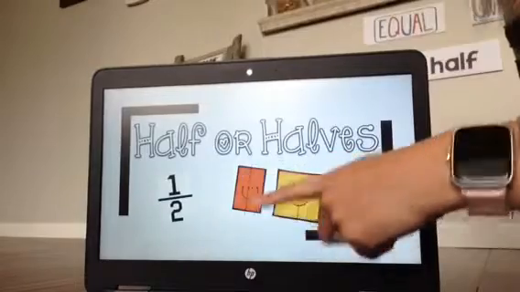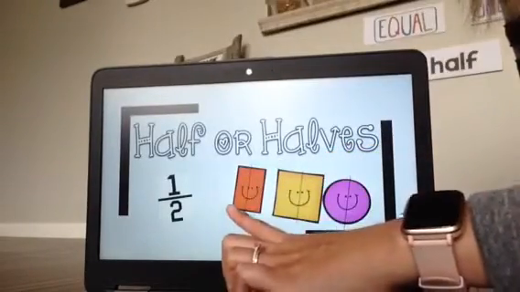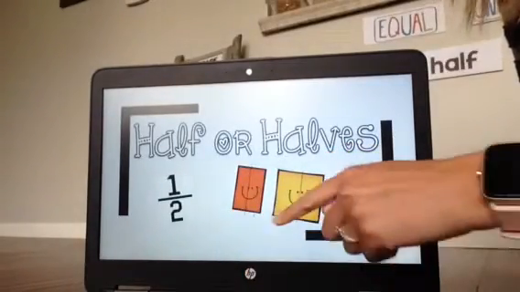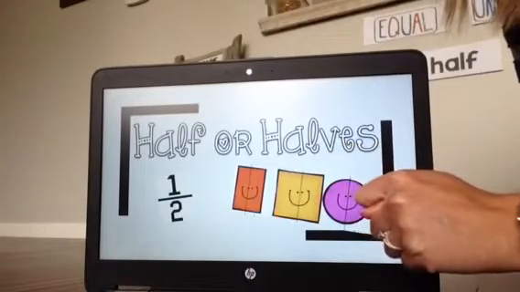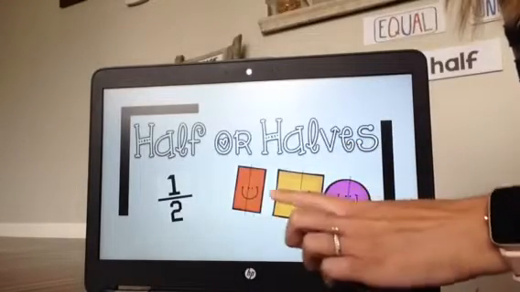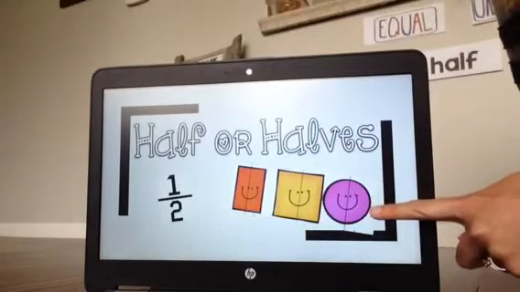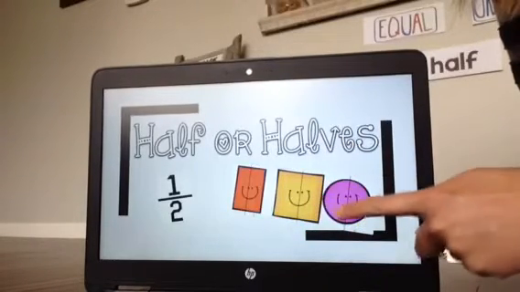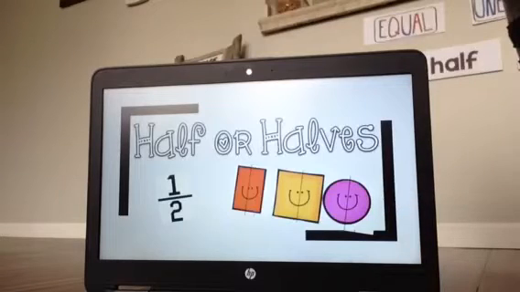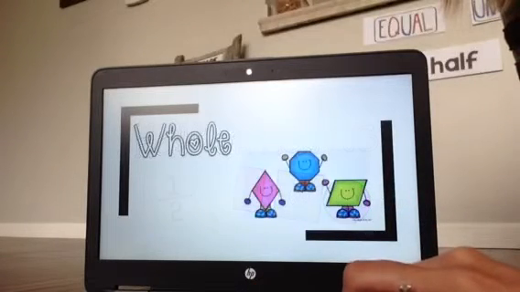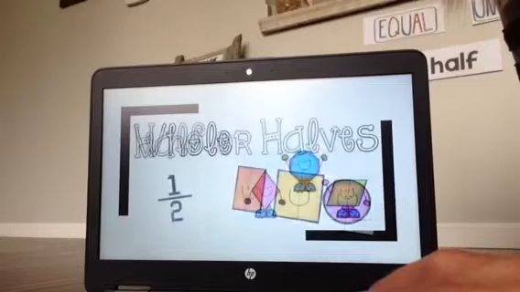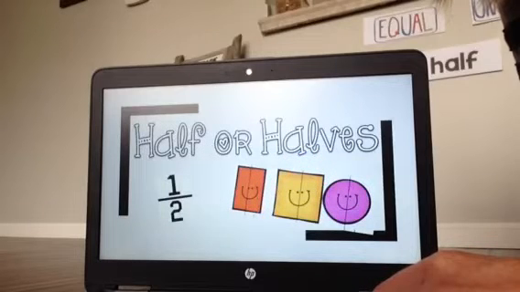So this is one whole rectangle, but inside there are 2 parts. Here's one whole square, but inside I have divided it into 2 halves, and this is 1 half. Here is a whole circle, but I've divided it into 2 halves.